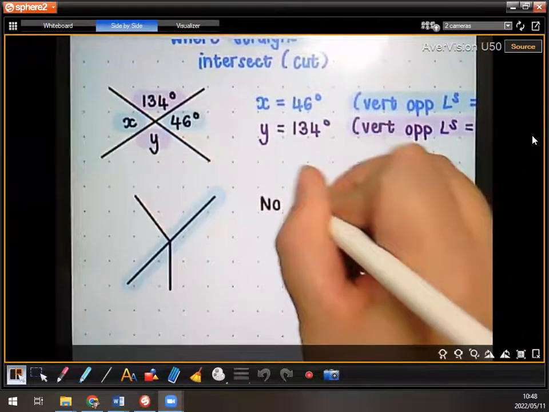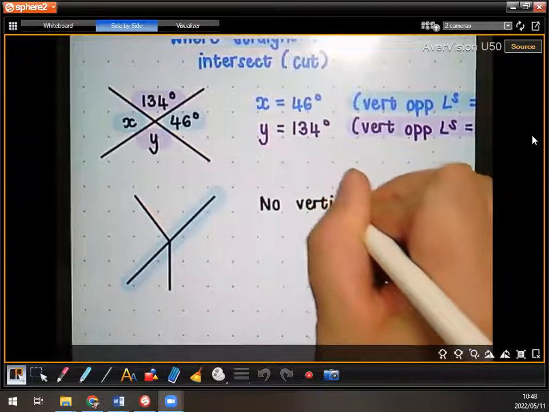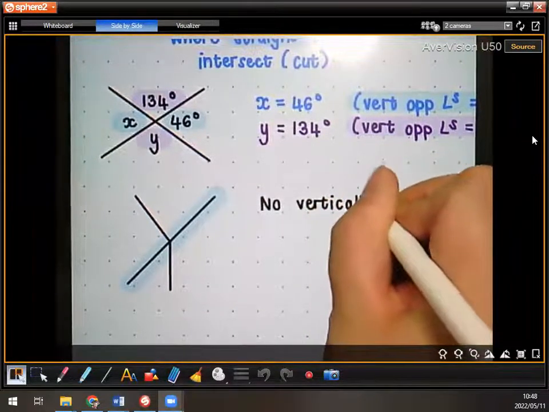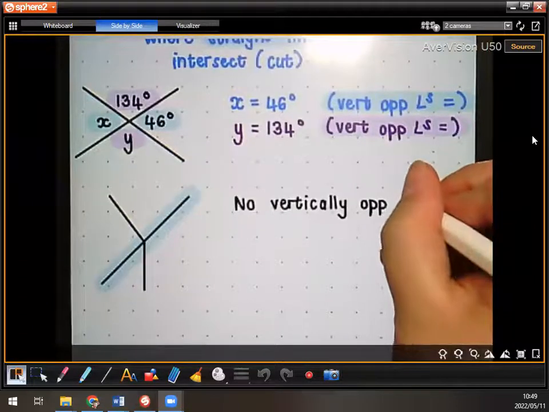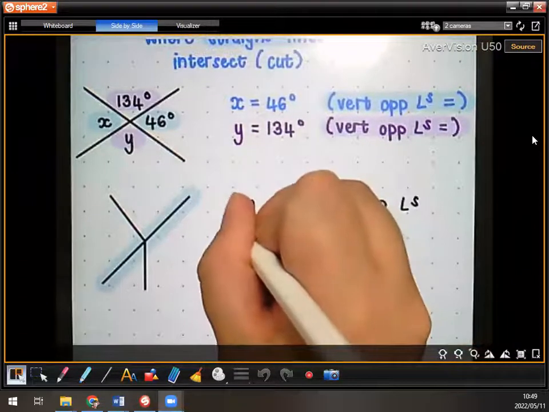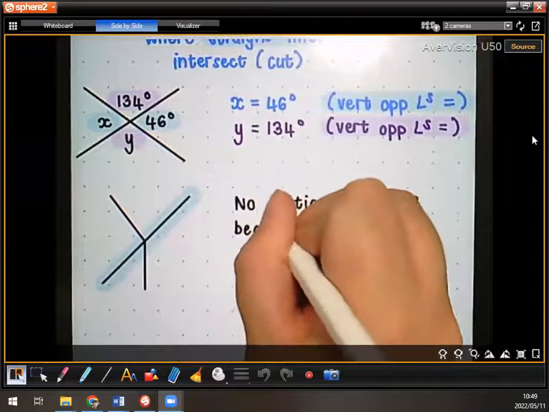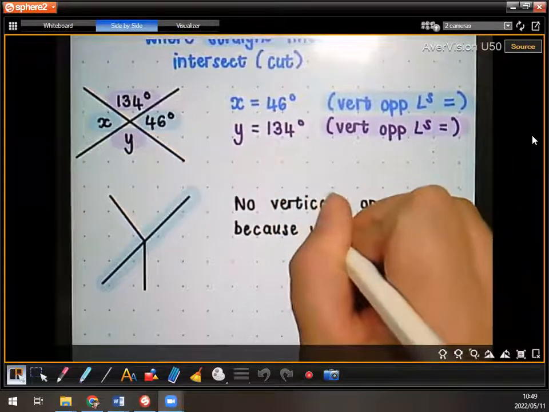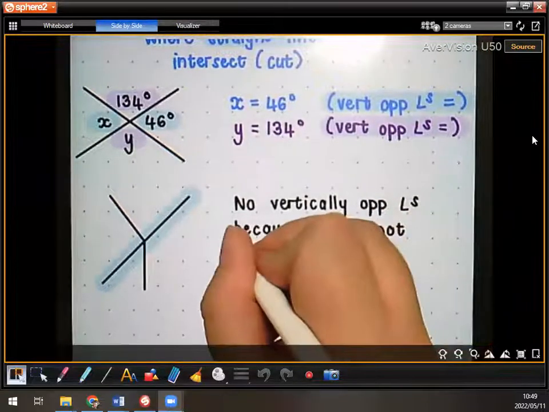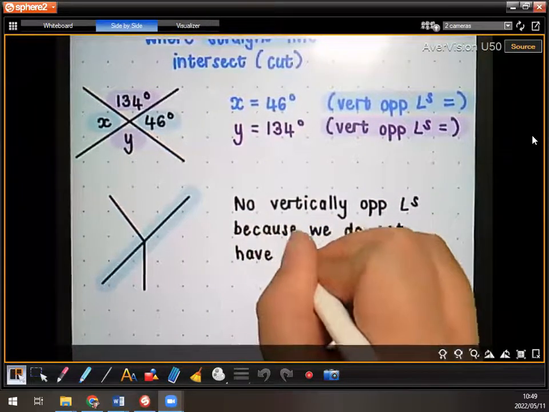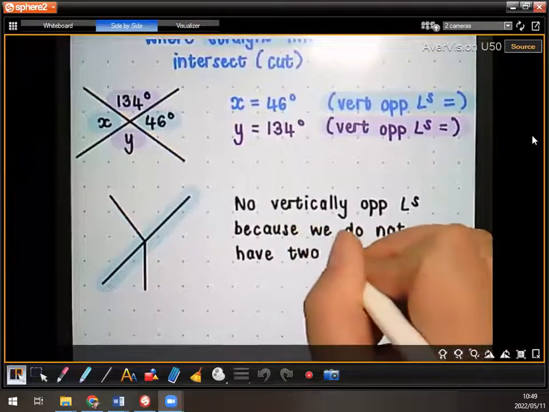So no vertically opposite angles, because we do not have two straight lines.